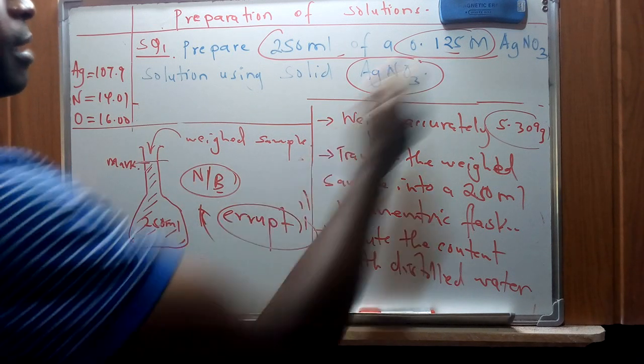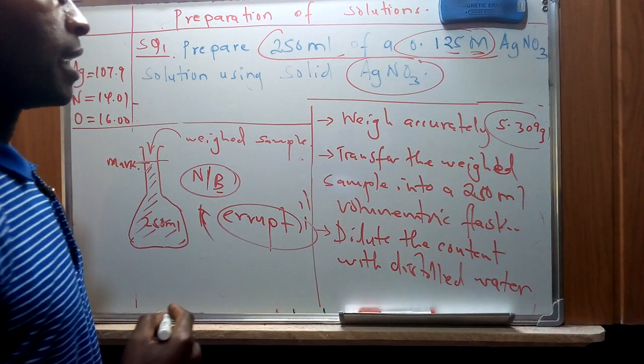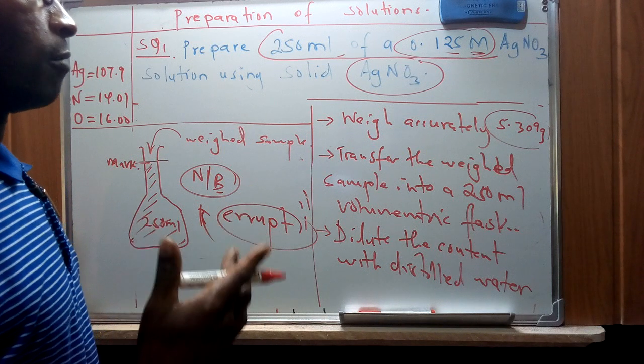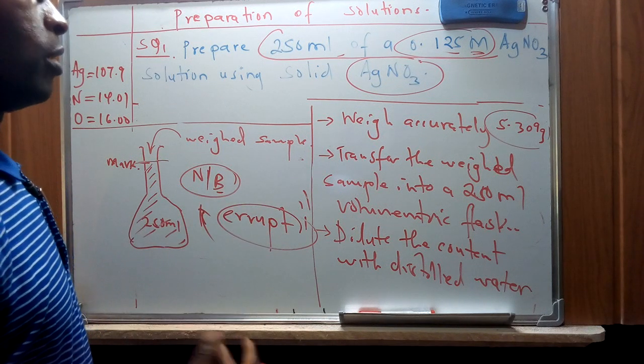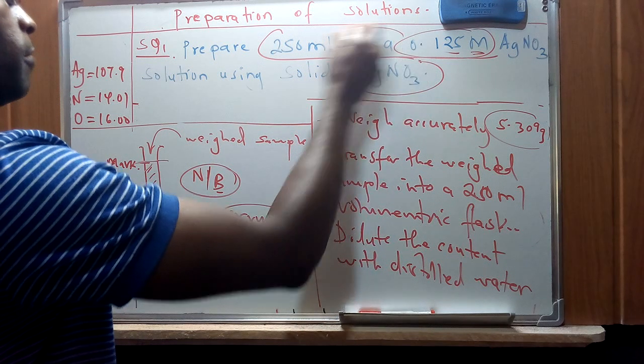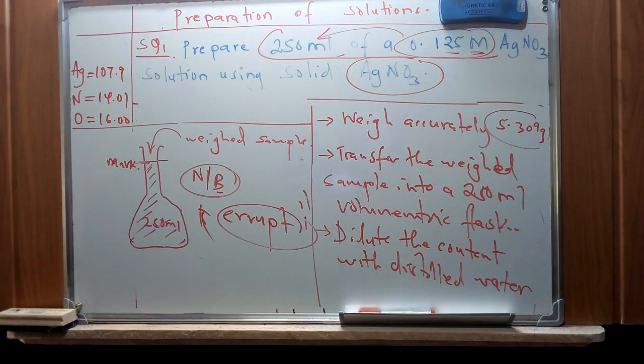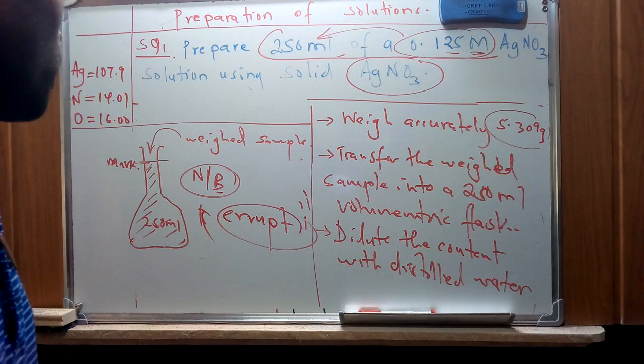Whenever a substance has been indicated as molar, that is the concentration or the number of moles per liter of a solution. So you use that information to figure out how to calculate the number of moles required. That's how we prepare the 250 ml of 0.125 molar silver nitrate.